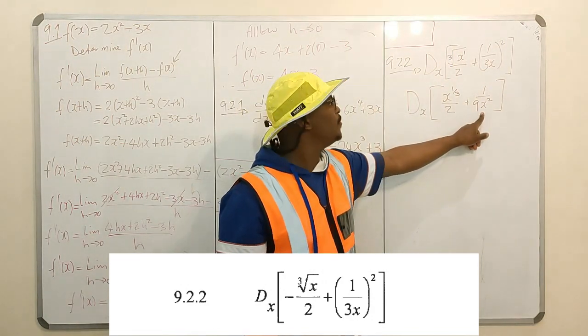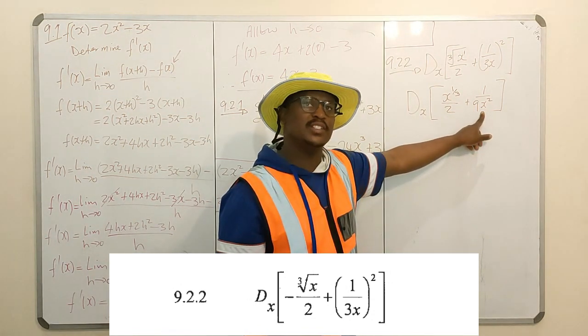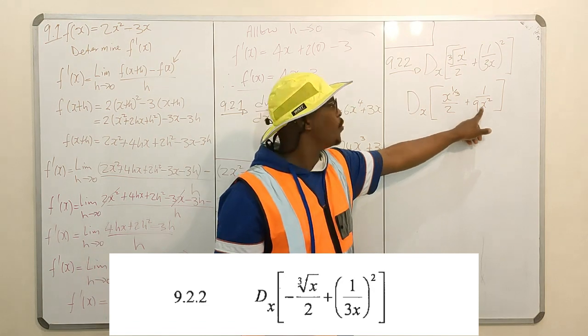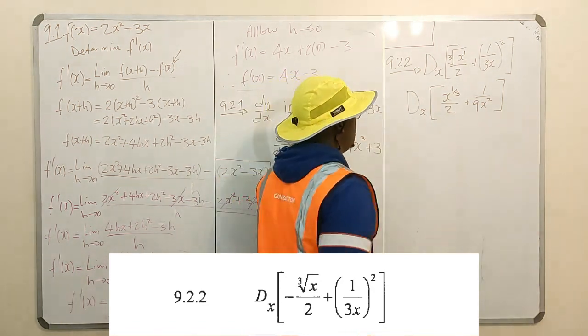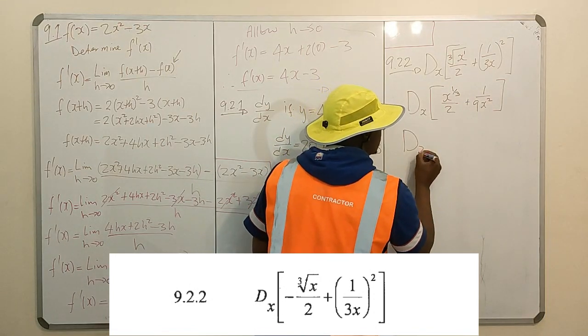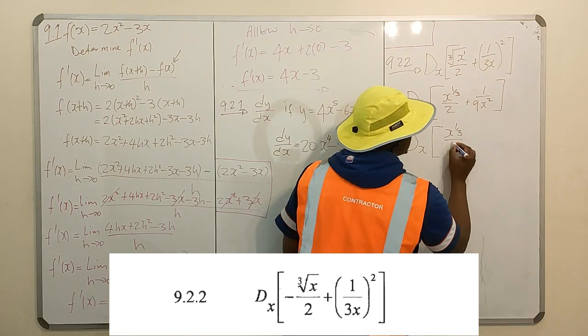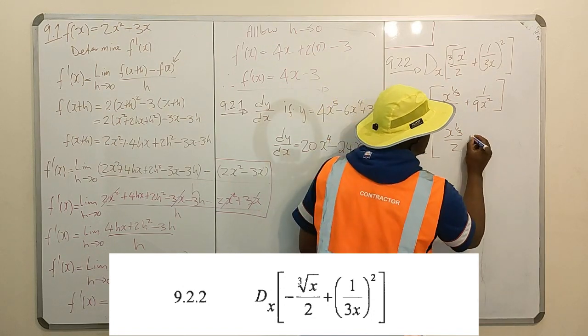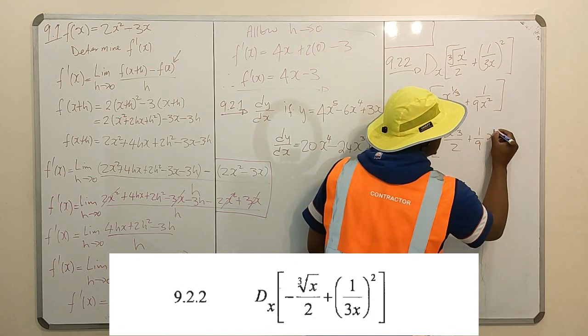But here we have a problem. We have a variable as a denominator, which is x squared. So we should take that x squared to the top. We have x raised to 1 over 3, over 2, plus 1 over 9 x raised to negative 2.